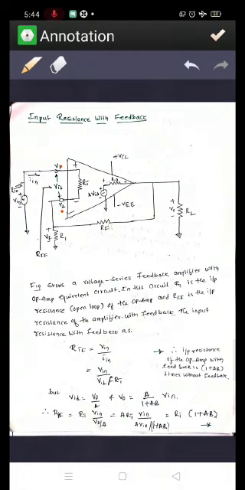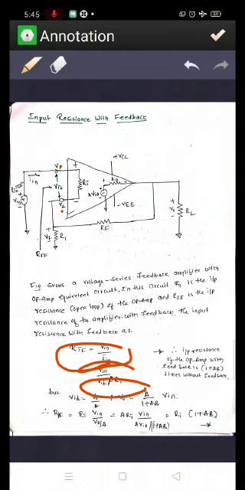In this circuit, Ri is the input resistance, that is the open loop input resistance of the op-amp, and RIF is the input resistance of the amplifier with the feedback. The input resistance with the feedback can now be determined as the input voltage divided by the input current. The input current is the differential voltage divided by the input resistance.